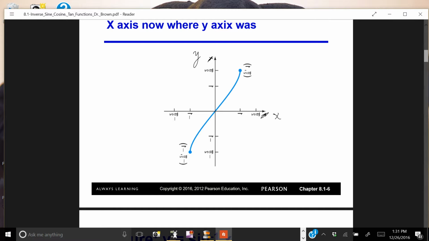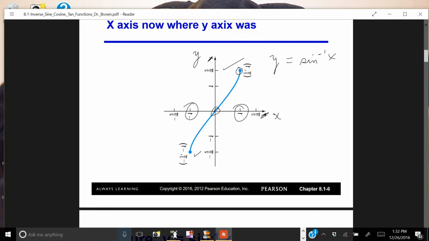And this is what the graph would look like, and this would be y equals inverse sine of x. And notice, as you would expect, the inverse sine of 1 is pi over 2. The inverse sine of minus 1 is minus pi over 2, and the inverse sine of 0 obviously is 0.